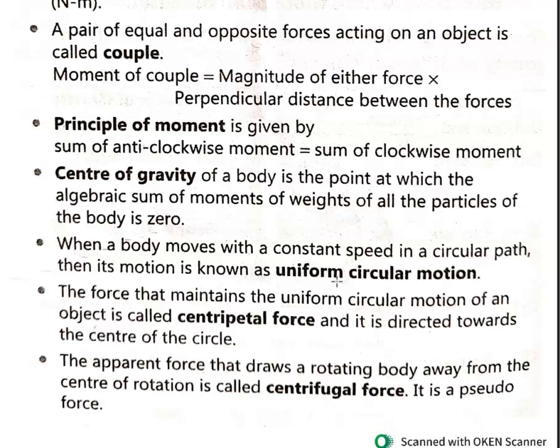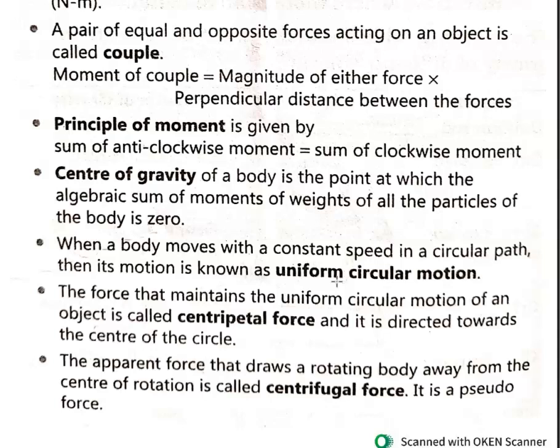The sum total of all the forces or all the moments of forces acting on the body should be equal to zero. Then only the object will be balanced. And the point at which the object is balanced is known as its center of gravity. We had also done center of gravity of different shapes of objects in the second video.